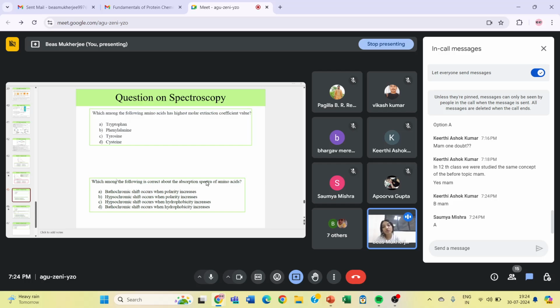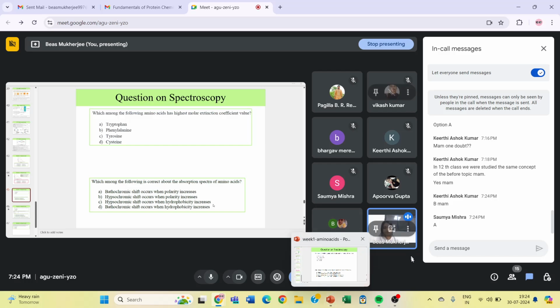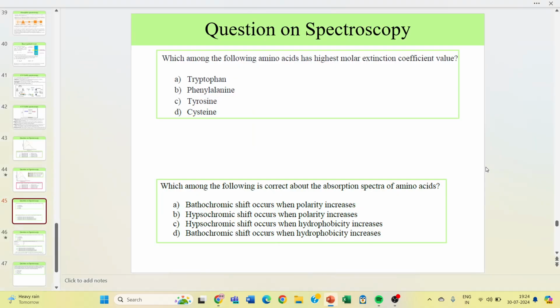Hypsochromic shift occurs when hydrophobicity increases. Bathochromic shift occurs when hydrophobicity increases. Let's try to have a look at this too. Can anyone answer? Otherwise, we'll look at the answers. This is very confusing, I know.